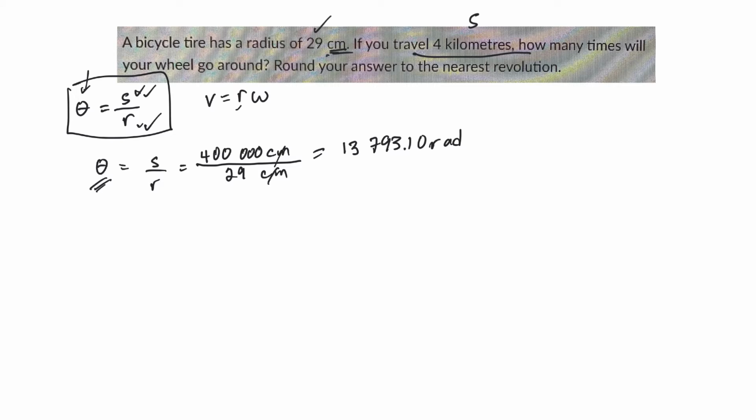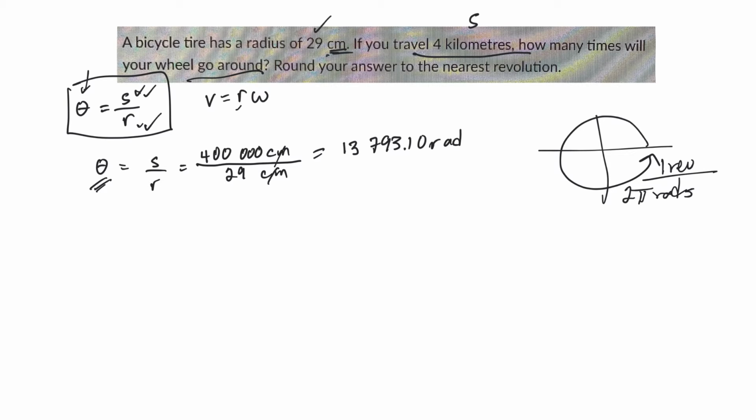That's what theta is measured in, radians. But they're asking how many times it'll go around. I know that one circle is 2 pi radians, so one revolution is 2 pi radians. So I need to convert this from radians into revolutions.